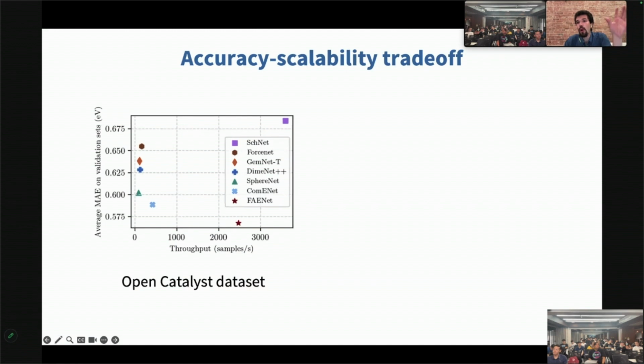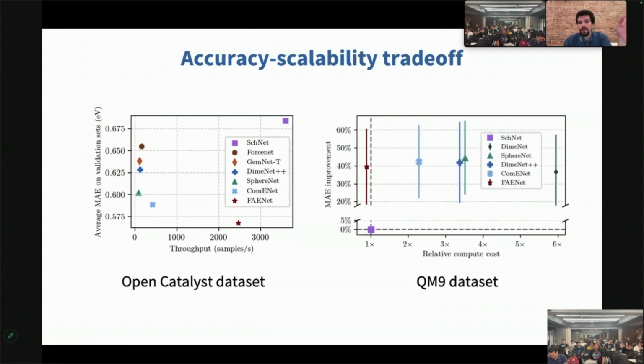So again, the goal here is to have a lighter weight model by not having as mathematically complicated a model, outsourcing equivariance and invariance to the data through this data augmentation approach. Again, I didn't really go into the details, but really thinking about what the problem needs and building a model that is tailored to that. Here's another data set where we also are as good as the state of the art while being much faster.